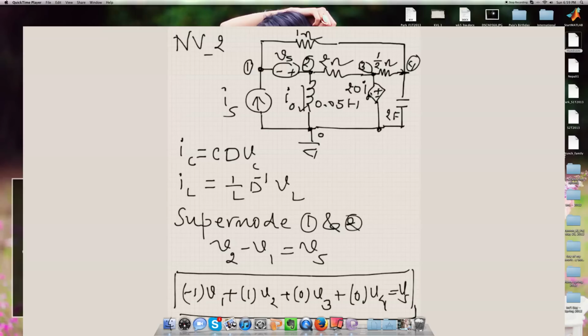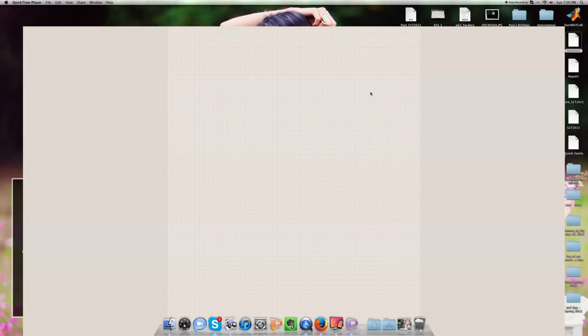Next, let's consider what is I naught. Notice I naught is the current that is flowing through the inductor. So I sub 0 or I naught is 1 over L, where L is the inductance. Here we have this L being 0.05 Henry.